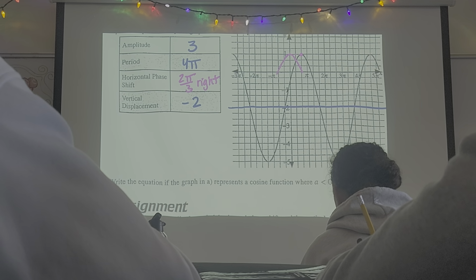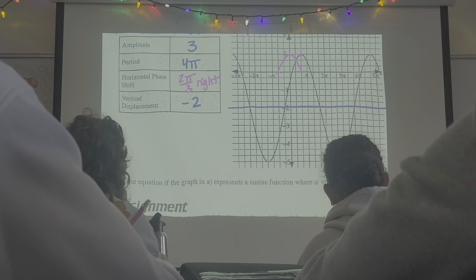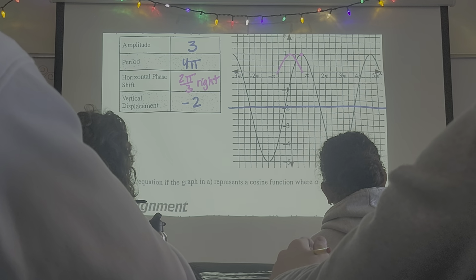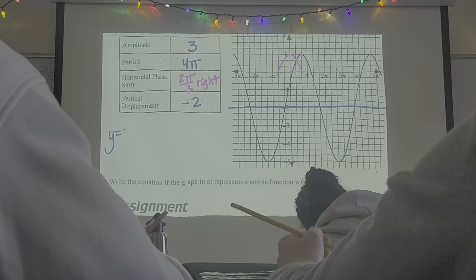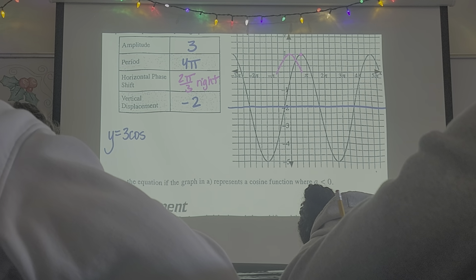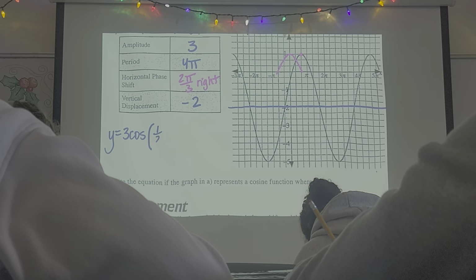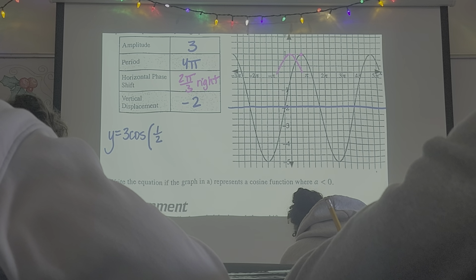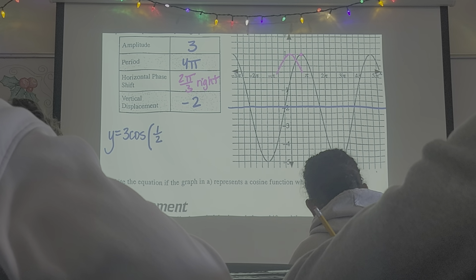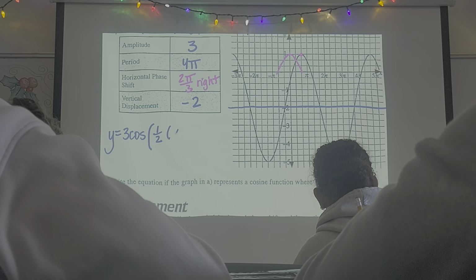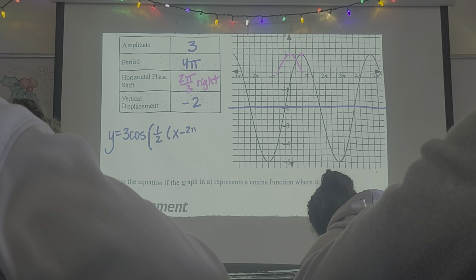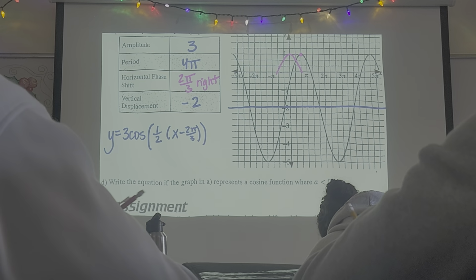It's nice when it's the same graph because the only thing you have to figure out is the phase shift. So y equals 3 cosine a half, because we found out the b value on the previous page was 1/2, x take away 2 pi over 3, minus 2.